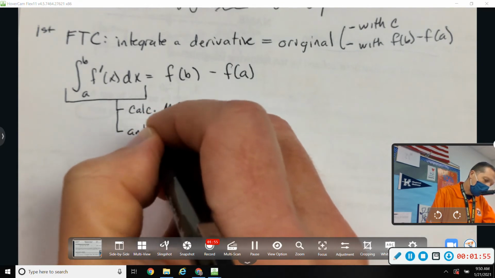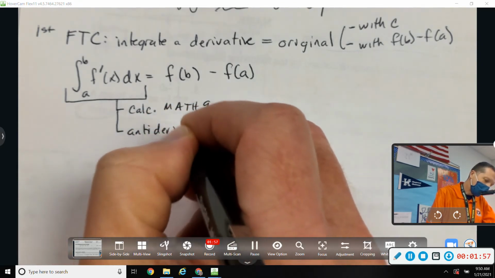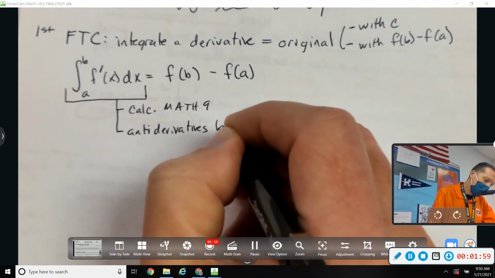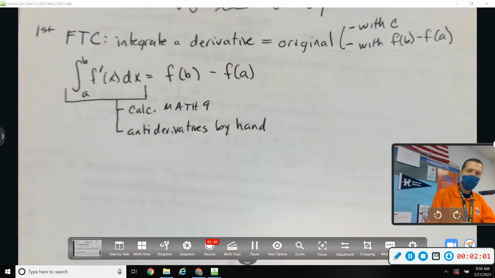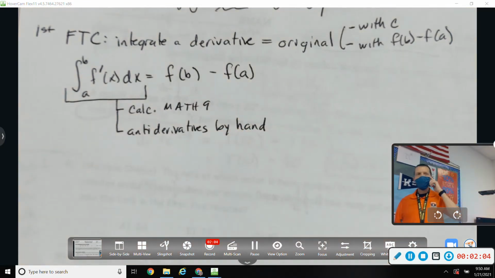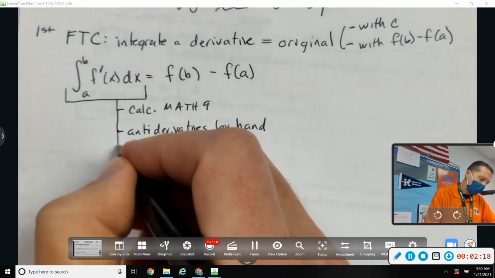We can take antiderivatives by hand. That was on the test last time, and it's what we'll do starting next week. I've got 3 days of antiderivatives by substitution. We don't really know what that means yet, but there's a lot coming, obviously, antiderivatives by hand.